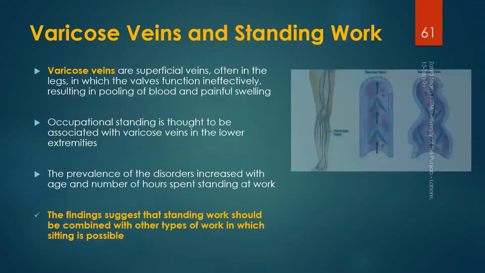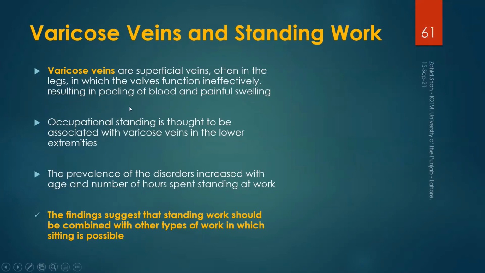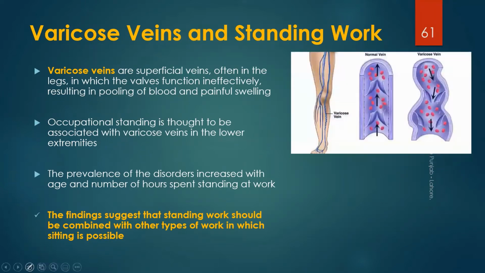Another problem that we have discussed during our discussion on work posture is varicose veins or venous insufficiency. Varicose veins are superficial veins, often in the legs, in which the valves function ineffectively, resulting in pooling of the blood and painful swelling.